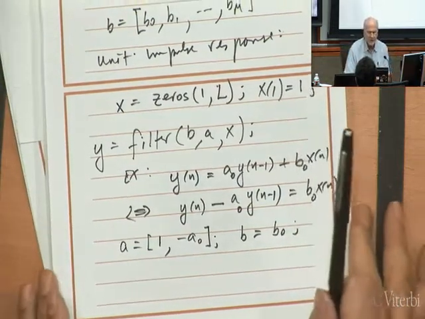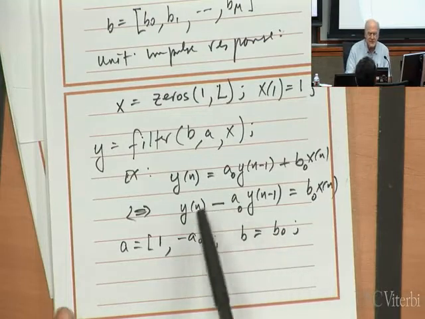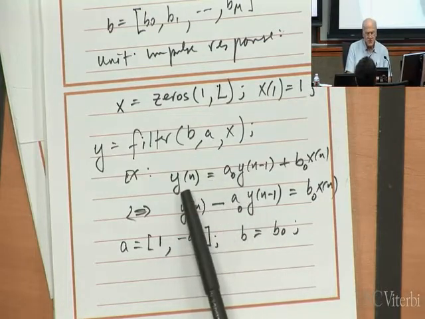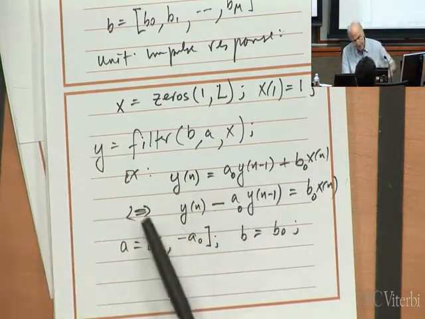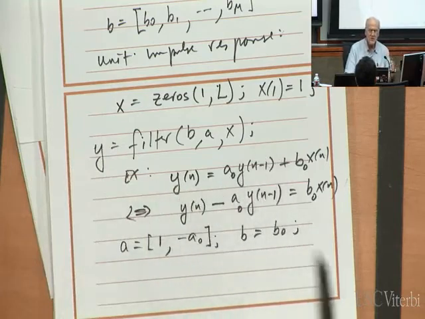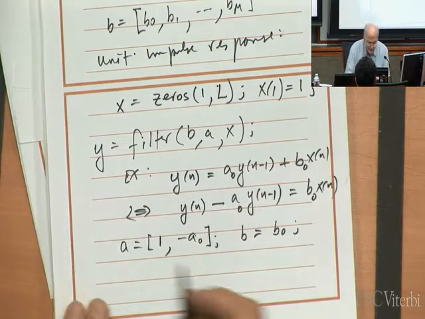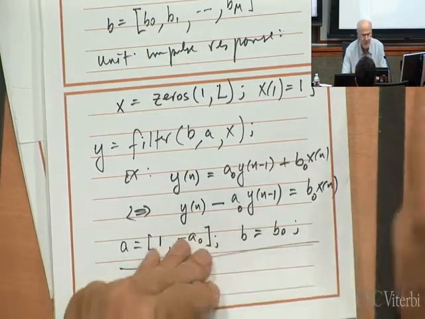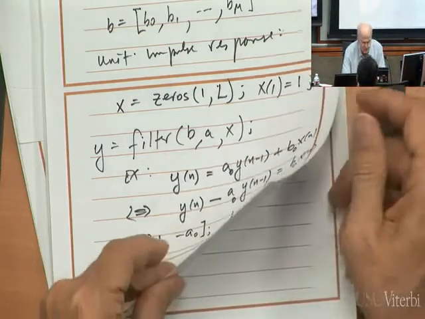The only thing that confuses people sometimes is they see the difference equation written in this form, and they forget to transpose the terms over to the other side. But in any case, just a note, it's a very useful function.